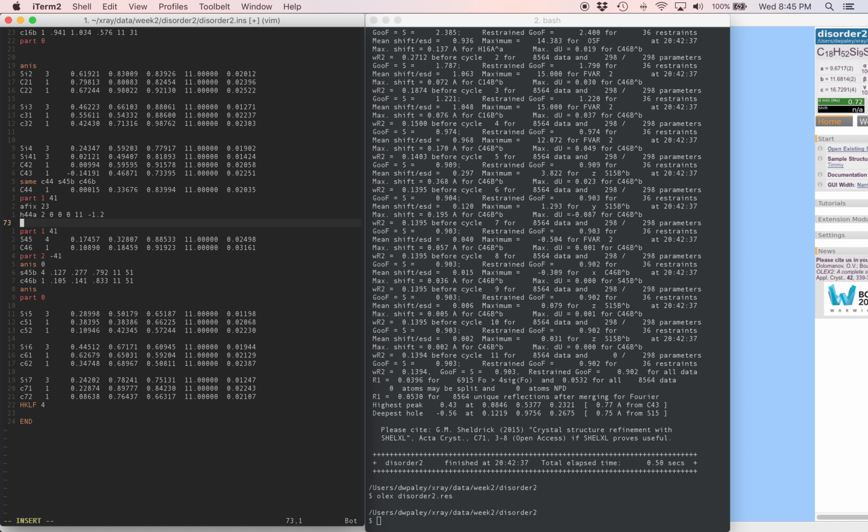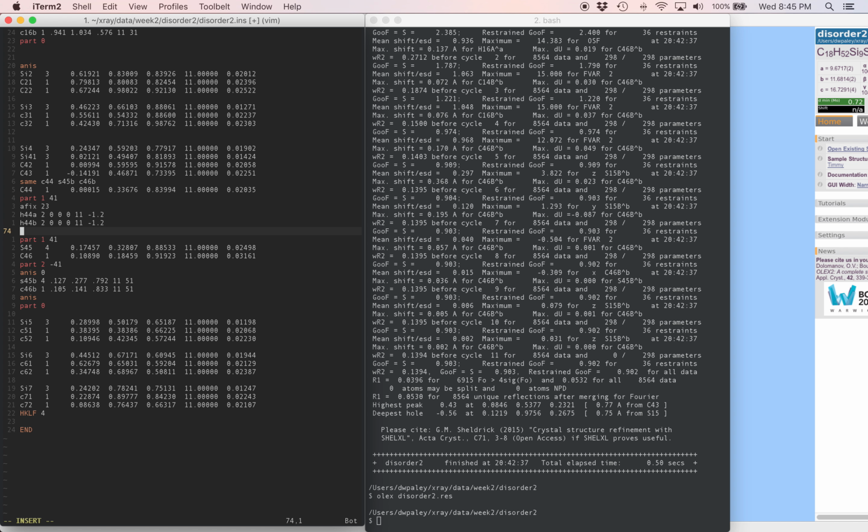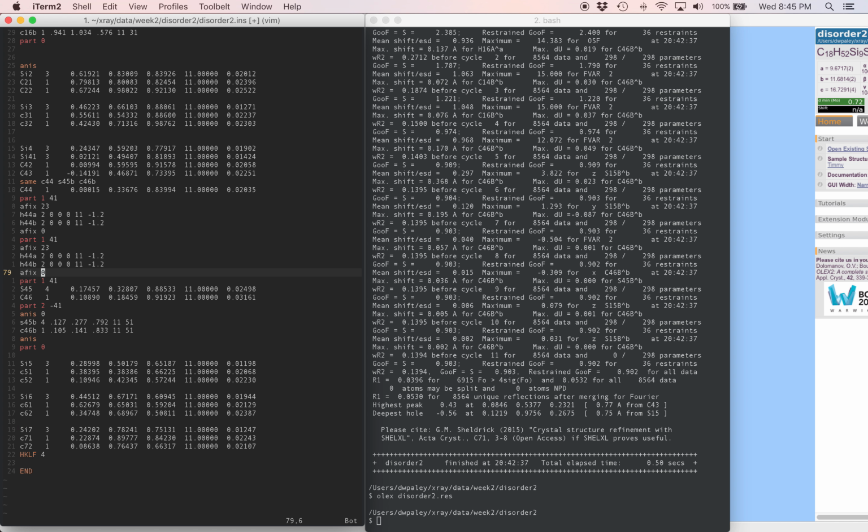I'm going to remember to use a riding displacement parameter. I'm just going to repeat the same and fix up the parts that I need to fix. This part is now part 2, minus 41. And the atom names are C and D, and everything else should be the same.